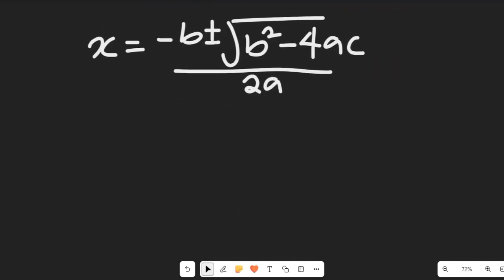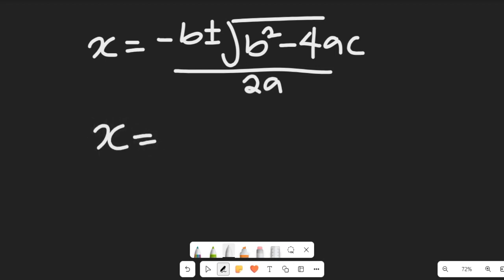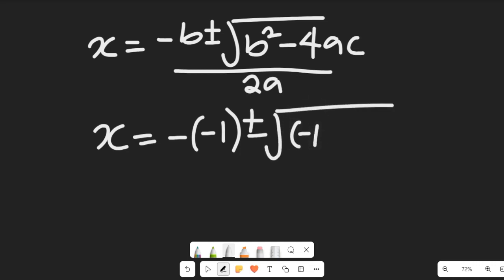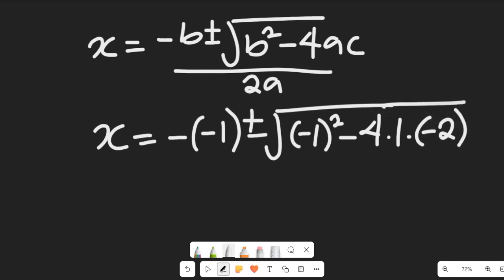So simplifying this, we'll have the value of x equal to negative multiplied by negative 1, plus or minus the square root of negative 1 all squared minus 4 multiplied by 1 multiplied by negative 2, and all these will be divided by 2 multiplied by 1.